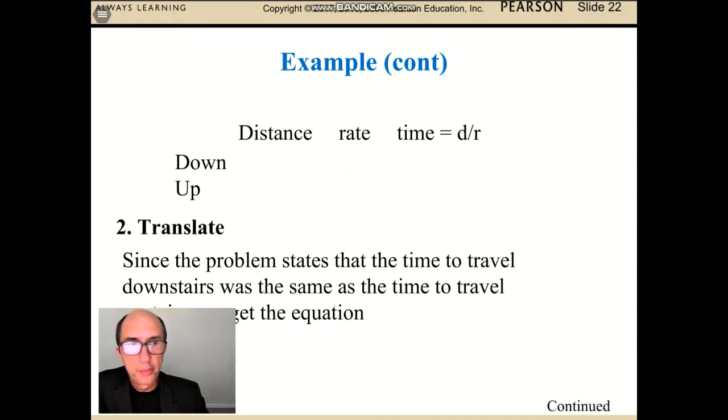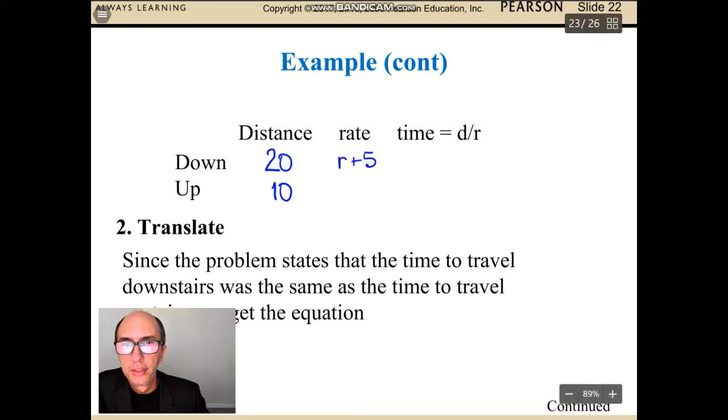The distance the boat travels downstream is 20 and upstream is 10 miles. The rate of the boat downstream is r plus 5 and upstream is r minus 5.